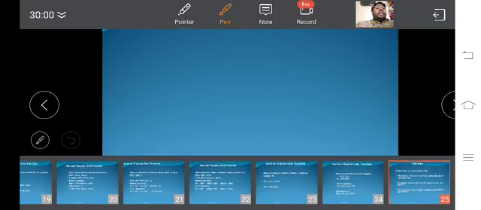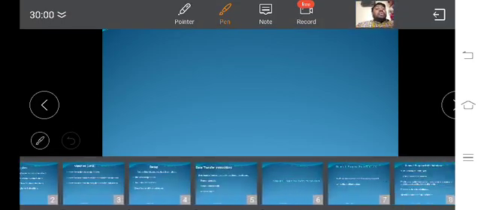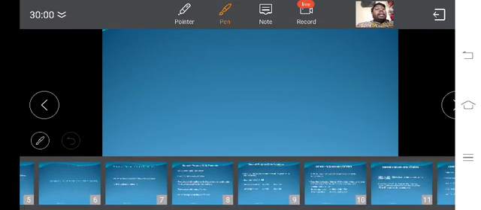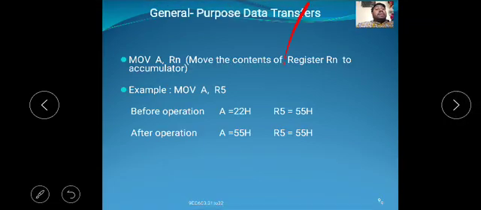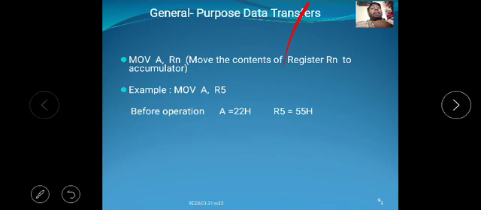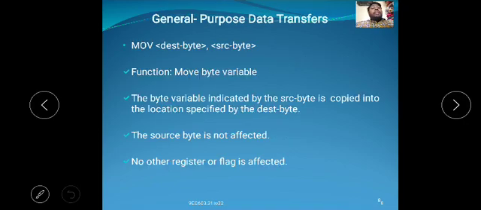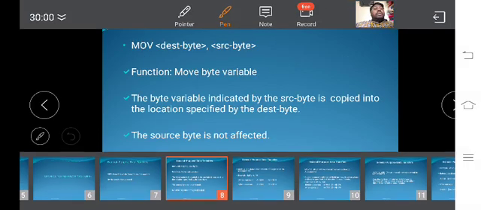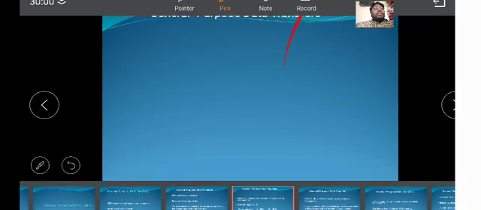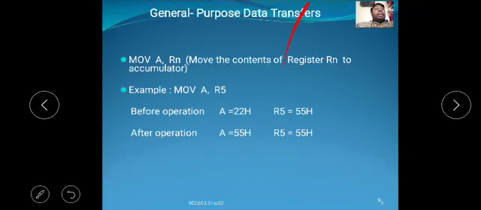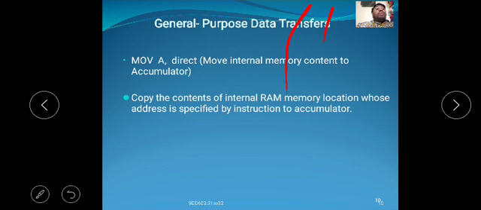These are the different examples of the data transfer instructions. Based on that, here are some more. MOV A, Rn: move the content of register Rn to the accumulator. MOV A, direct: move internal memory content to the accumulator.